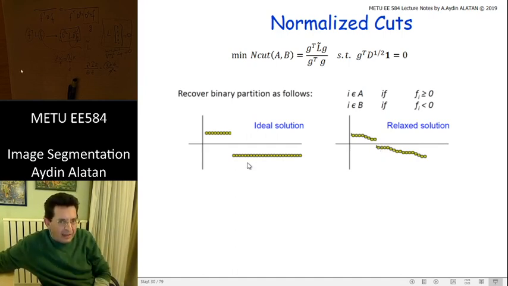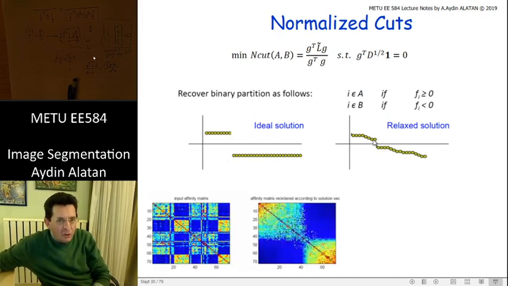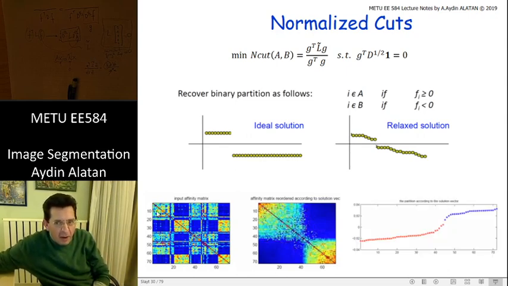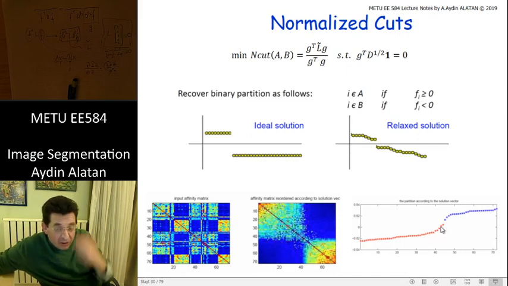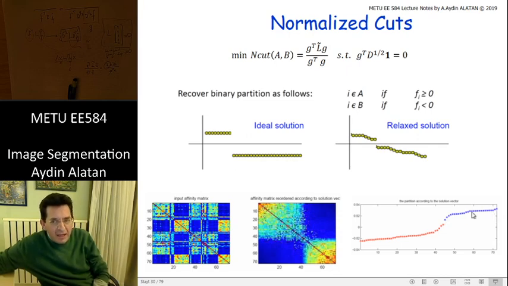They will not be perfect, alpha, beta type of thing. They will be a relaxed solution. If you have 75 nodes here, these are the negative nodes, cluster A, until maybe 45. From 45 to 75, we have the positive ones.